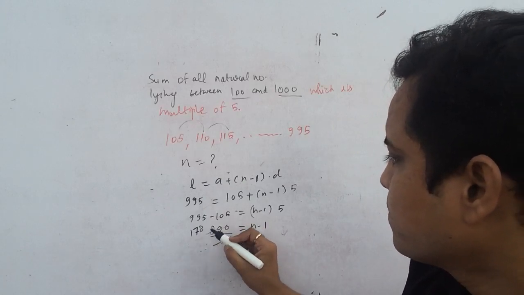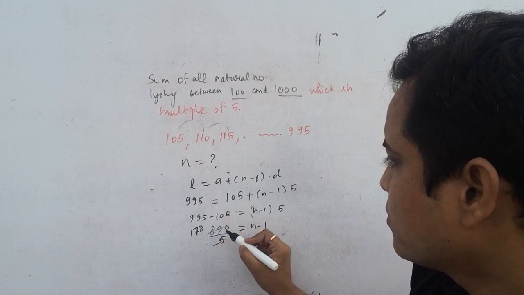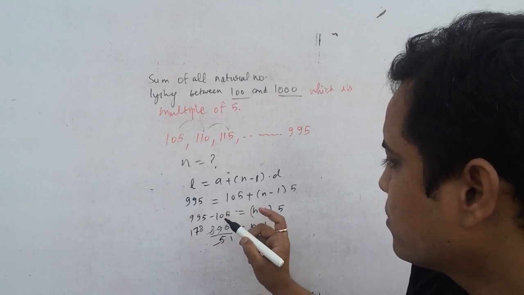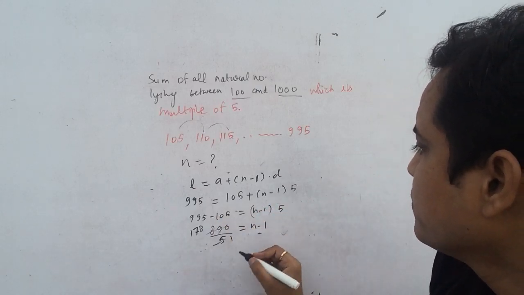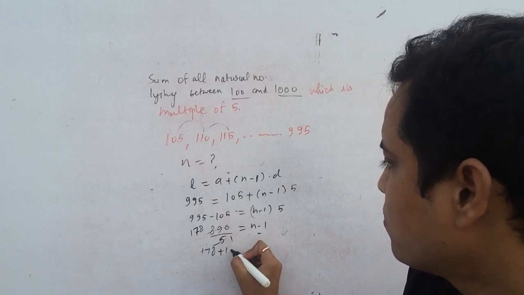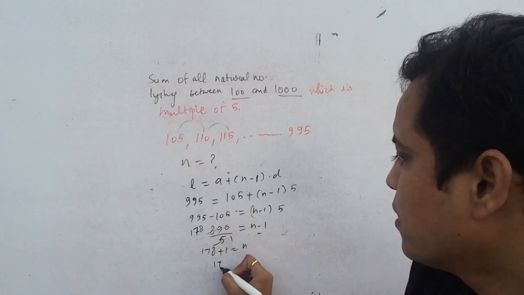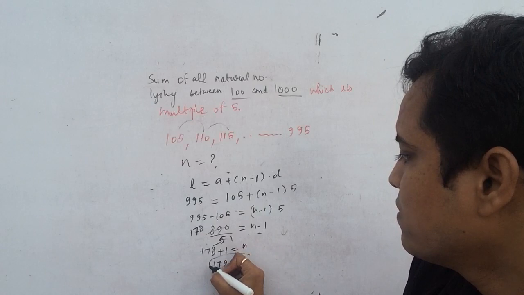Okay. All right. So 178 plus 1 equal to n. The answer is 179. n equal to 179.